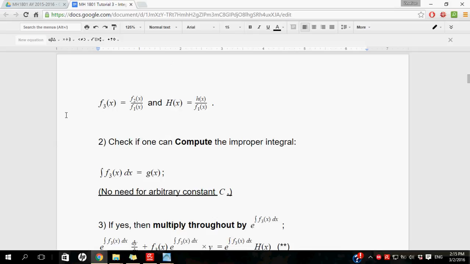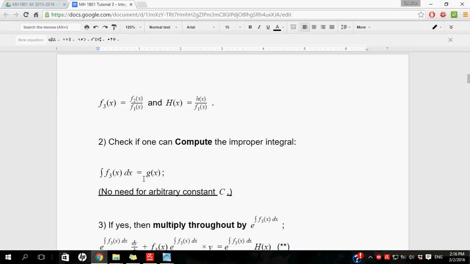The next step is to introduce our integrating factor. We check if we can compute the integral of f3 of x. At this stage, we will integrate it, but we don't need to introduce the arbitrary constant c. We will do it right at the very end.